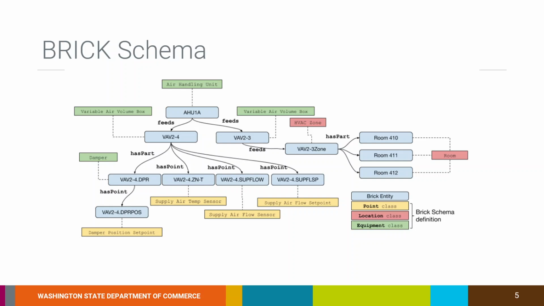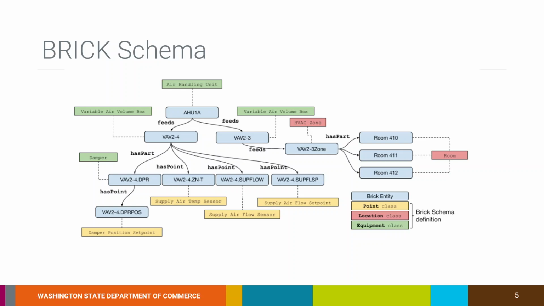BRICK consists of an extensible dictionary of terms and concepts in and around buildings, a set of relationships for linking and composing concepts together, and a flexible data model permitting seamless integration of BRICK with existing tools and databases. So we already explained this, but you can see visually here, okay, AHU1A feeds VAV 2-4, 2-3, similar to our example of AHU1 feeding VAV 101, 102, and 103.